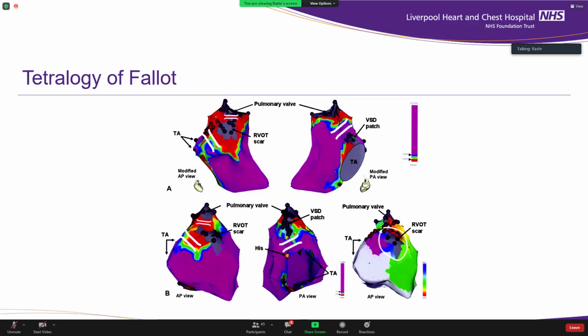So I've just reproduced here Katja Zeppenfeld's, I think essentially reference, paper with the critical isthmuses in Tetralogy of Fallot, which, as I said at the start, are largely based on the surgical intervention. And so what you can see are the key isthmus points here, from the pulmonary valve to the tricuspid annulus and around the RVOT incision point and VSD patch.